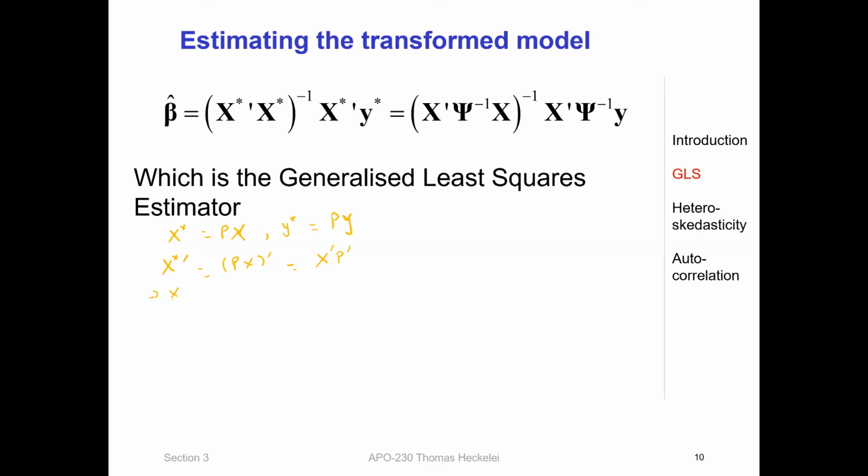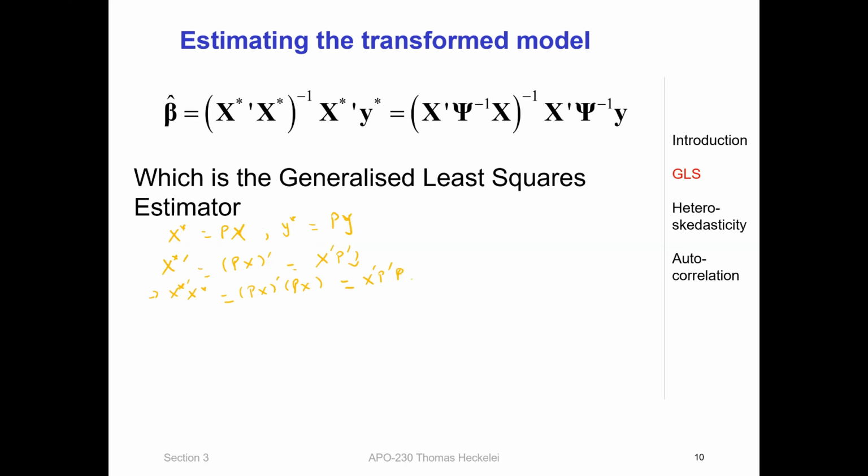The next step, we have x star prime times x star would be px prime times px, right? And plug the one above in here. So that would be x prime p prime, right?